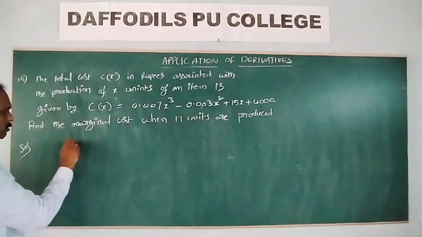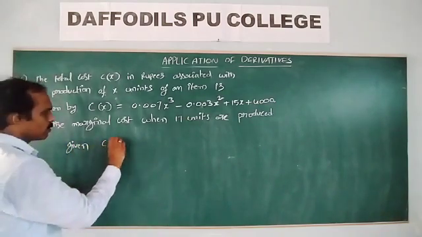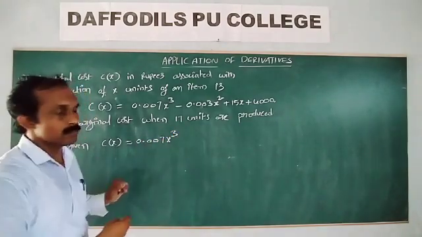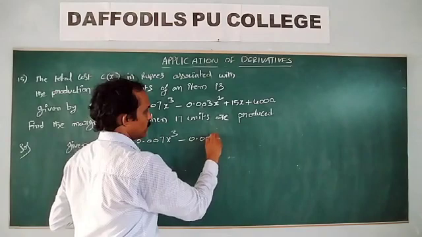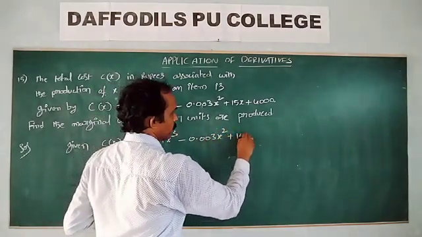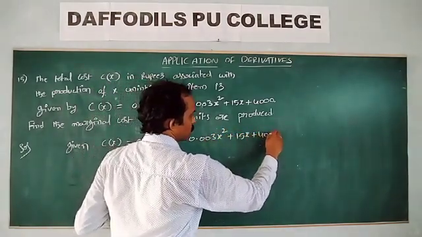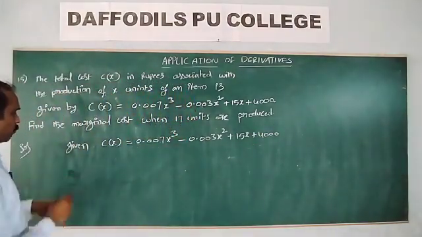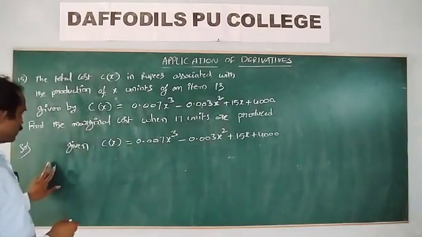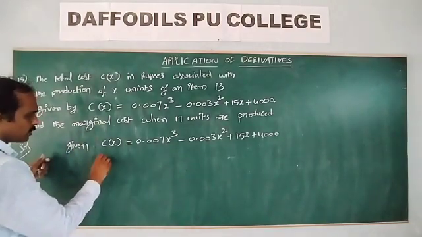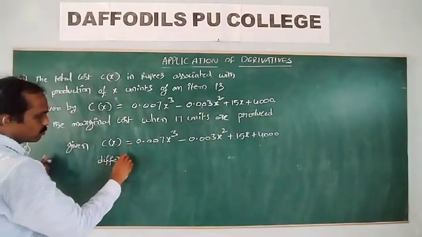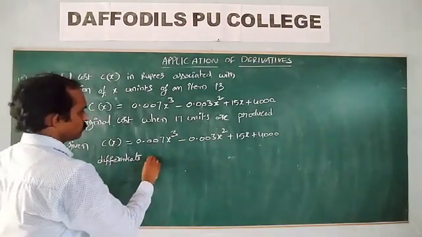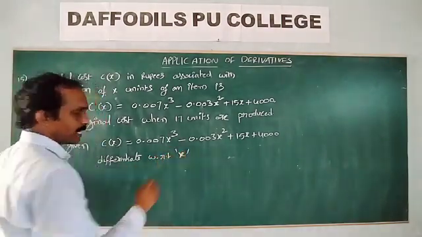Given C of x is equal to 0.007 x cube minus 0.003 x square plus 15x plus 4000. We want the marginal cost, which means differentiate this with respect to x.